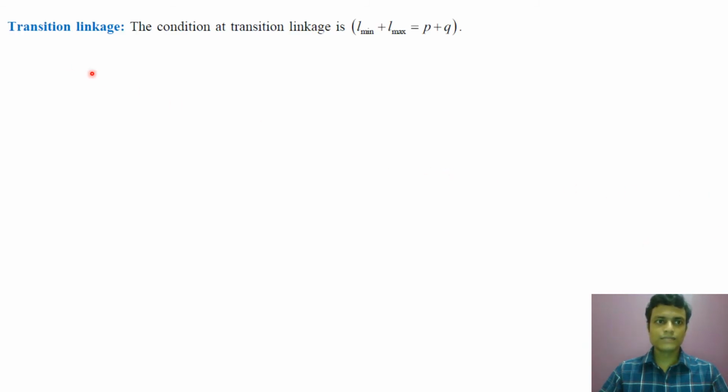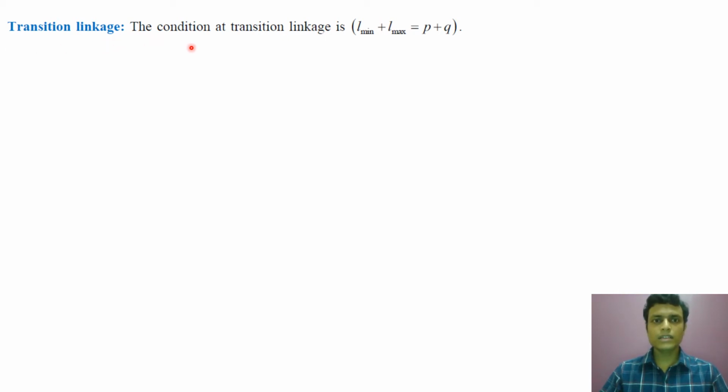Now let us come to another situation that is known as transition linkage. A transition linkage is an intermediate condition between Grashof linkage and non-Grashof linkage. So what is the condition?